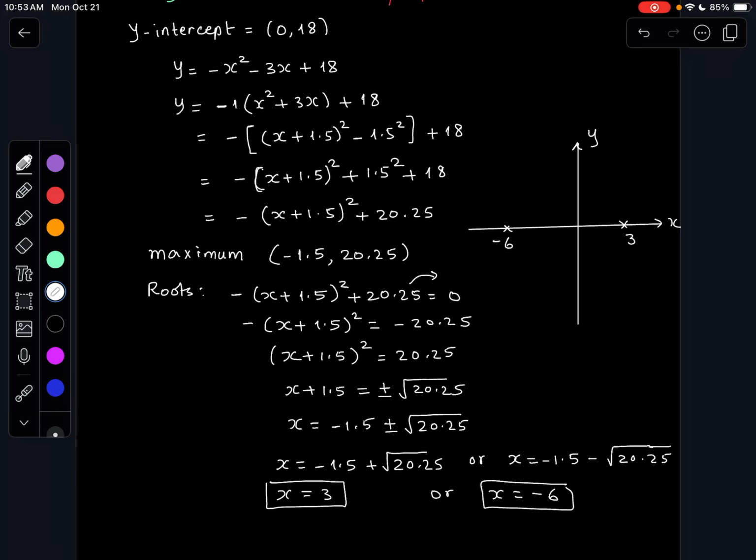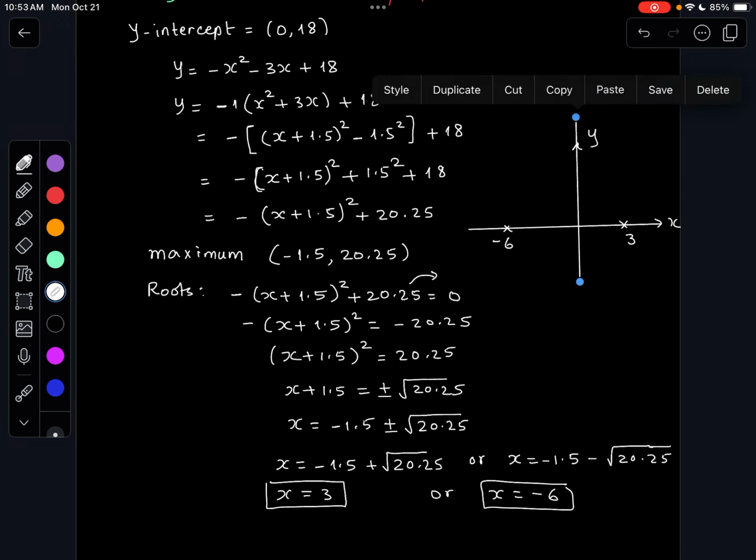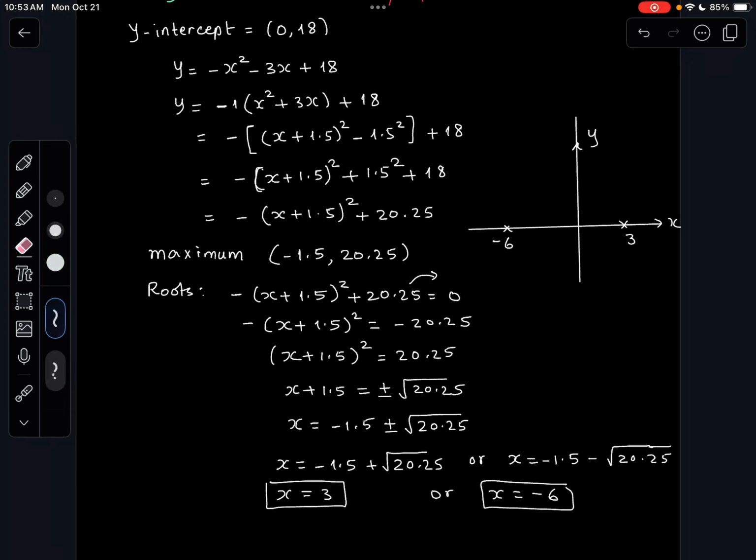Oh, it's a sketch, so don't think that you will be able to fit everything in this graph. So I'll just try to move the y-axis slightly above, trying to indicate 20.25.